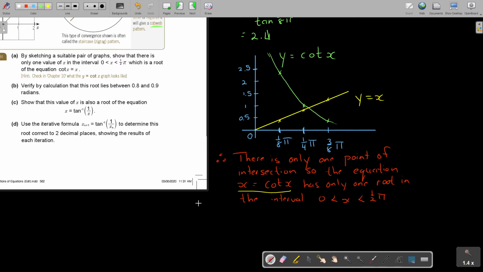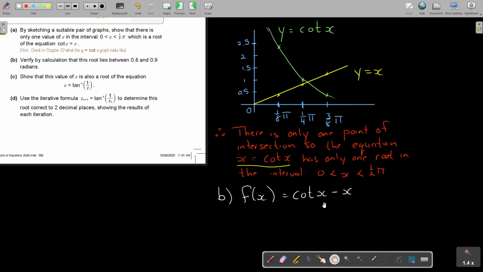So I'm just going to start by saying B. And I'm going to say f(x), and I decided to take it to that side now, but as I said, it doesn't really matter, as long as you keep to the same equation. Then I'm going to say f(0.8) equals cot 0.8 minus 0.8, and you're still on radians.